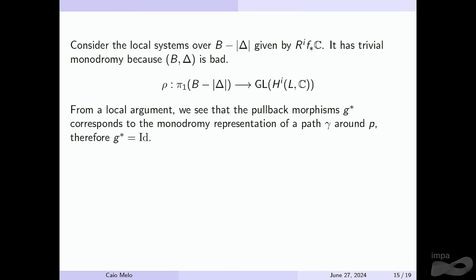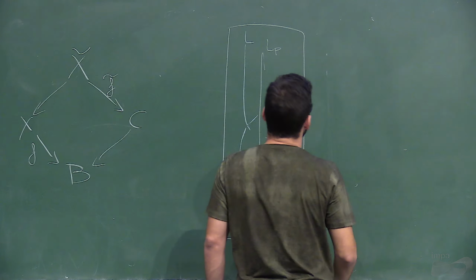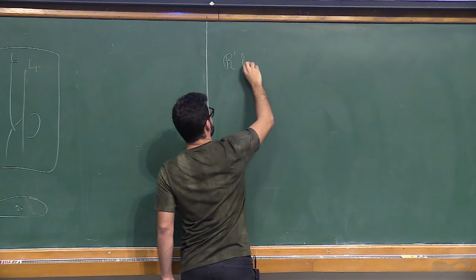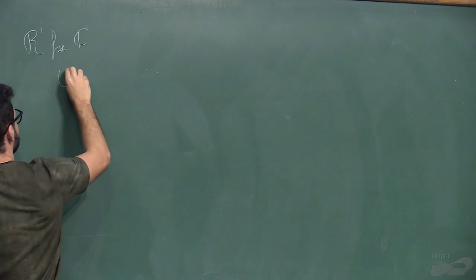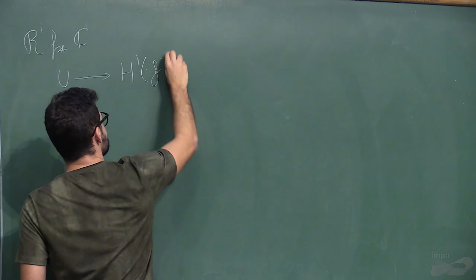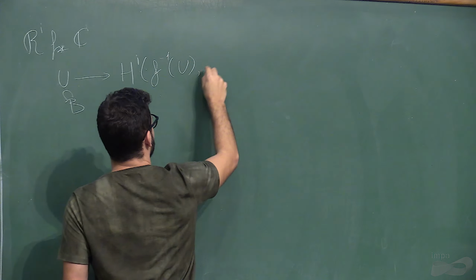I will do this by considering the local system given by a higher direct image over the complement of delta. So this local system is the local system associated to the presheaf that takes U, an open set of the base, to the cohomology of the preimage.